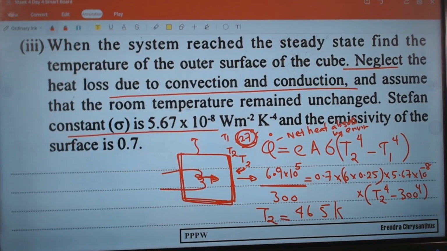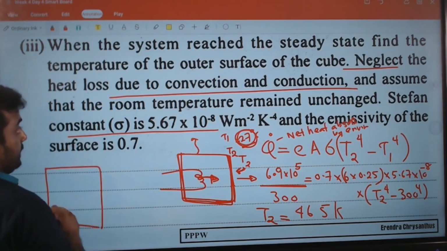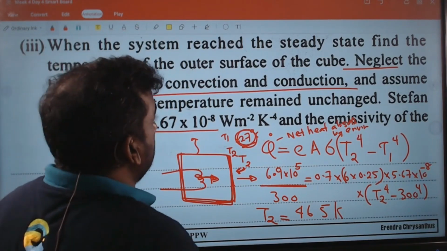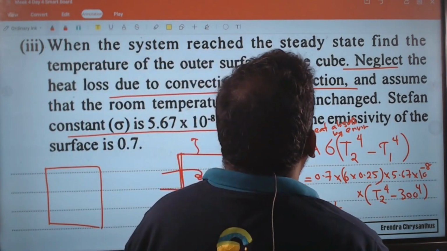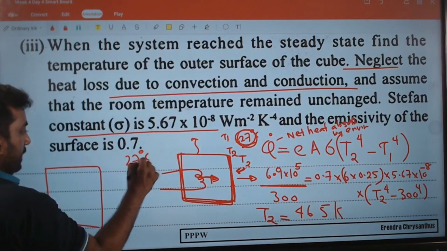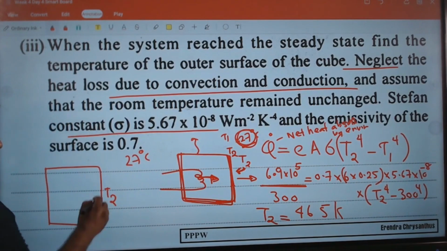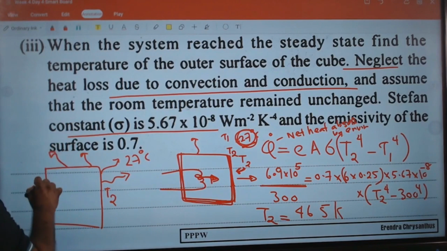Here, 465 Kelvin. So I'll show this again. They are asking about the outside temperature 27 and outer temperature T2. From radiation there will be heat loss to the surroundings.